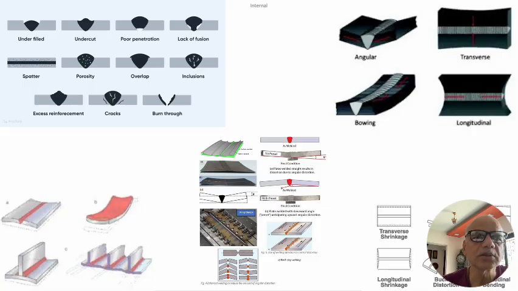The third one is poor penetration. Like the underfill on the top side of the welding, there could be poor penetration on the bottom of the weld, the other side of the weld. But for this you need to have access to the other side and see it with your naked eyes.